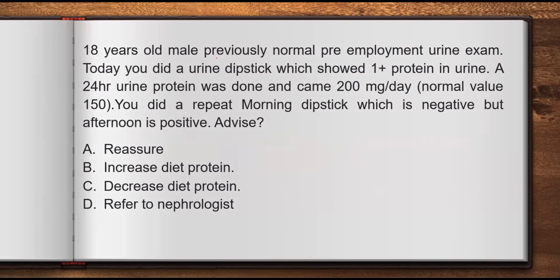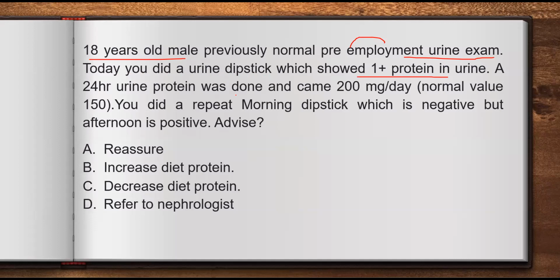So, an 18-year-old male, previously normal pre-employment urinary exam. Before employment, this patient had a urinary exam and that was normal. Today you did a urine dipstick which showed 1+ protein in the urine.